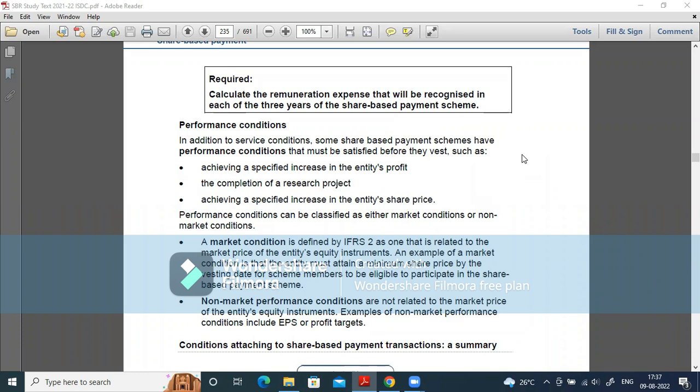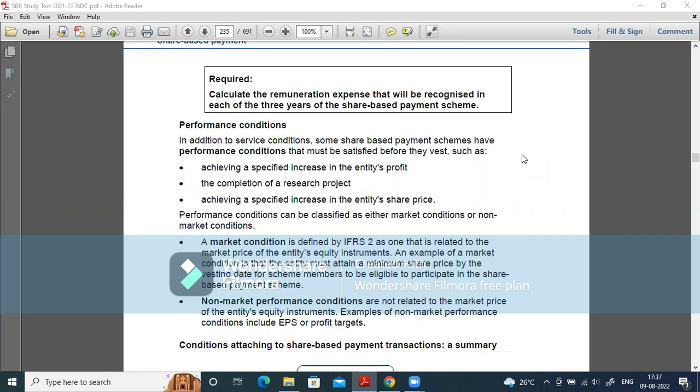Now, in case of service-based conditions, we learned that the employee needs to serve for a specific period in order to exercise the option. In case of market-based conditions, the company share price needs to achieve a specific price. There is a logic here.